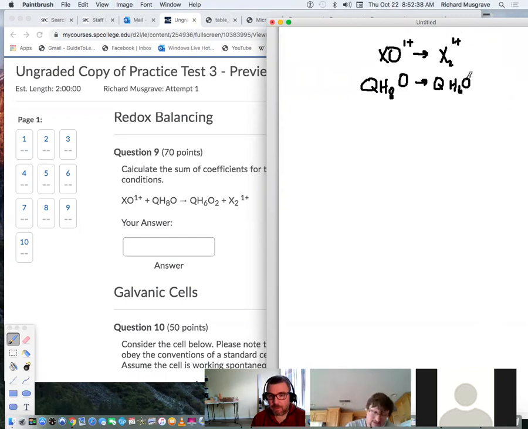So the things being oxidized and reduced here are the X and the Q, and I'm pretty sure it's the X that's being reduced because we're losing oxygen, and the Q is being oxidized because we're gaining oxygen. So that's a good little check, because then you can figure out if you've got the electrons on the correct sides as well.